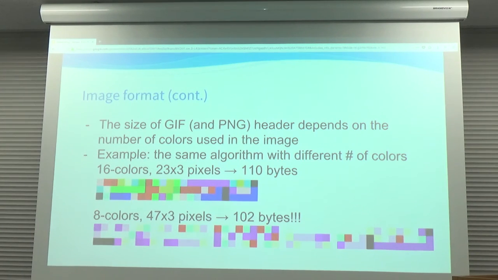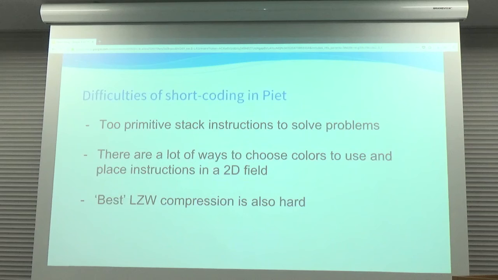The upper image is small in pixels but has a large file size, and the lower one is larger in pixels but has a smaller file size.